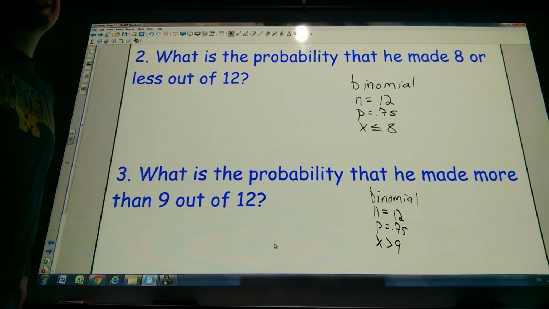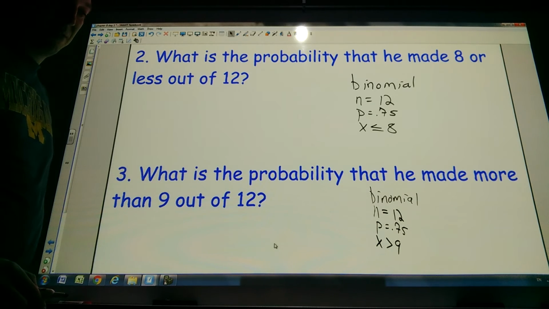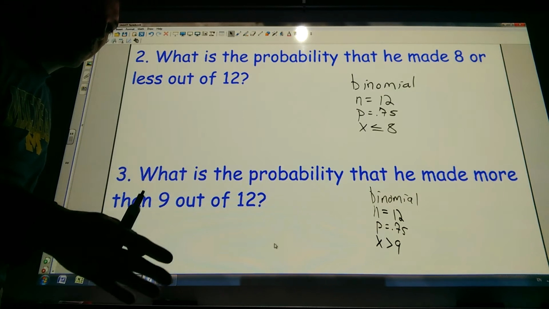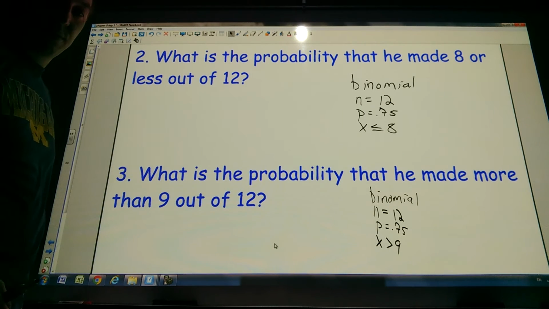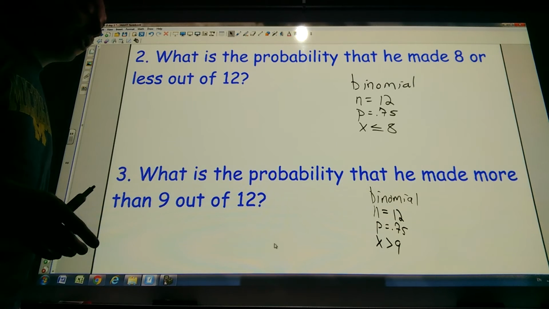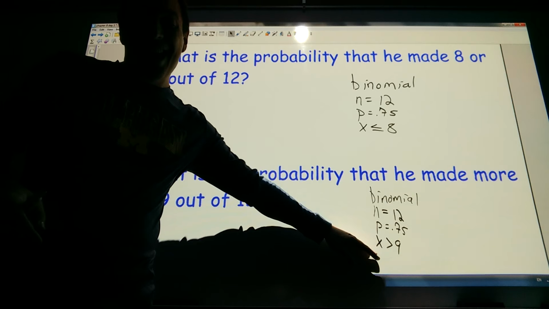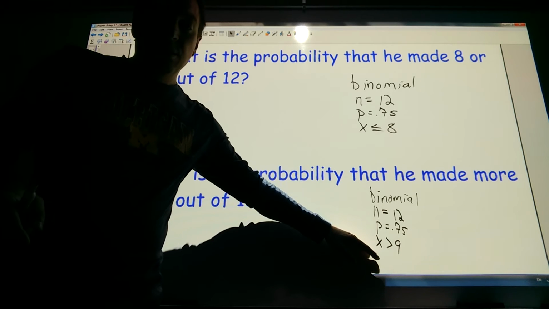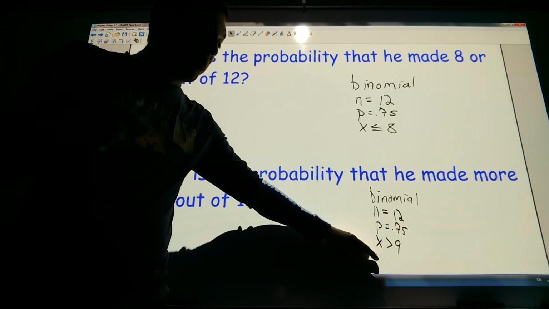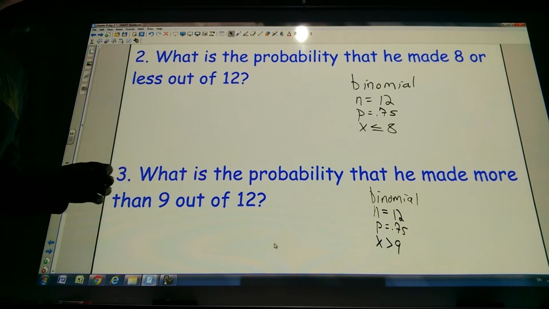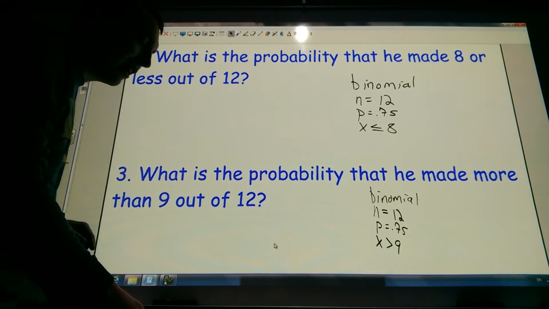Now our calculator doesn't do greater than 9. It doesn't do greater than. It just does something or less. So what we have to do is figure out what's the opposite of greater than 9. Well, the opposite of greater than 9 is 9 or less.